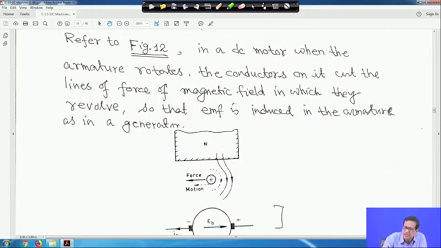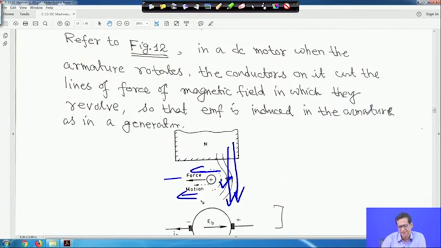That is why this is shown here, and the flux lines will be N to S. Naturally, the force acts from the stronger magnetic field to the weaker one. So, this is the direction of the force.